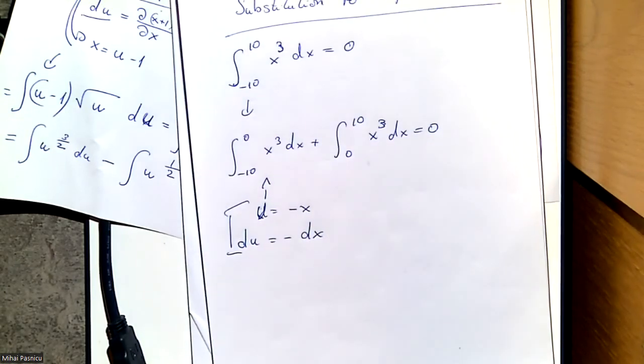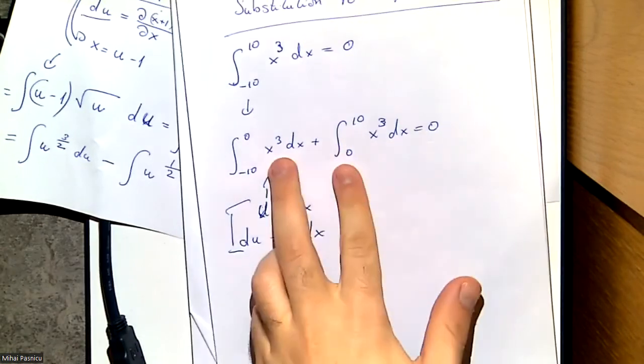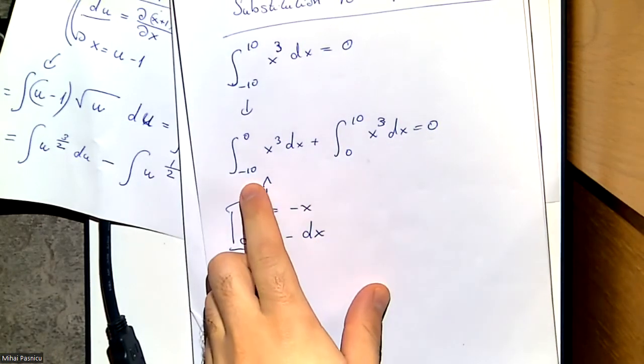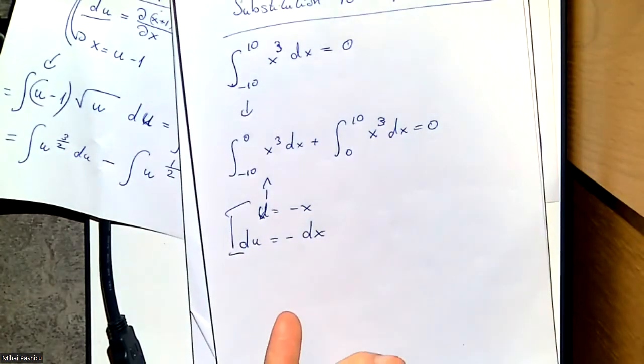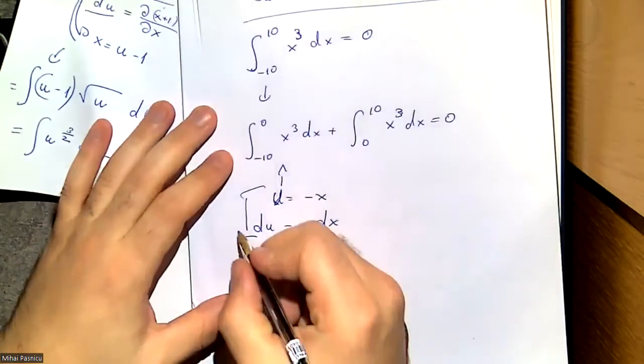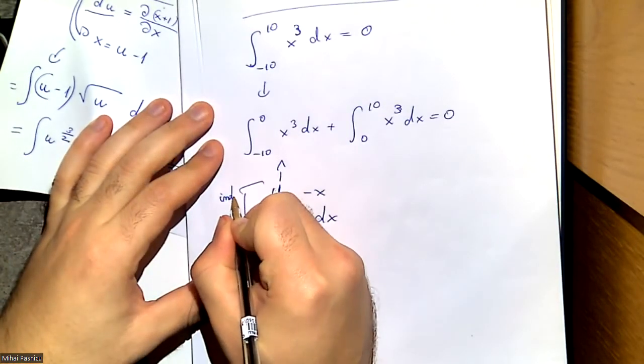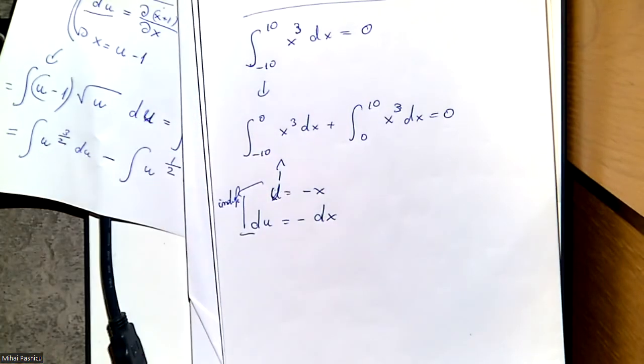That's why I chose -x. Because the way you see it is that they're the same integral, right? But one of them is from -10 to 0, the other one is from 0 to 10. So it makes sense to consider the opposite. Okay? So these are the conditions for the indefinite.